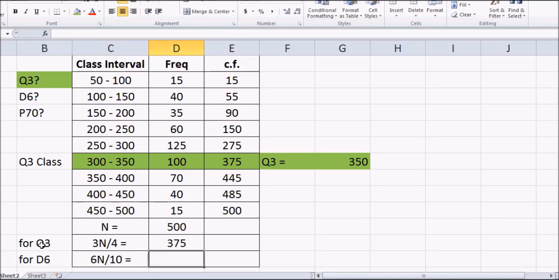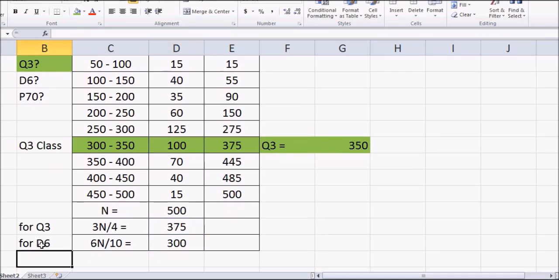Yeah, so my 6n by 10th data would be 6 multiplied by n divided by 10, and that happens to be 300. So 300, where does it fall? Well, again from 276 up to 375, all of that falls in this. So this is also my D6 class.